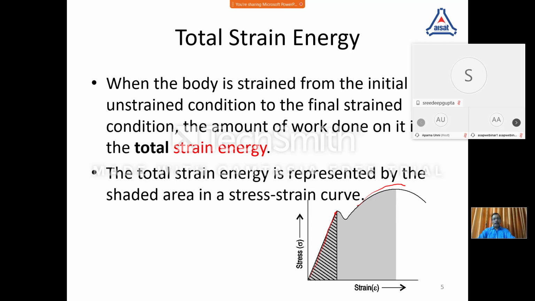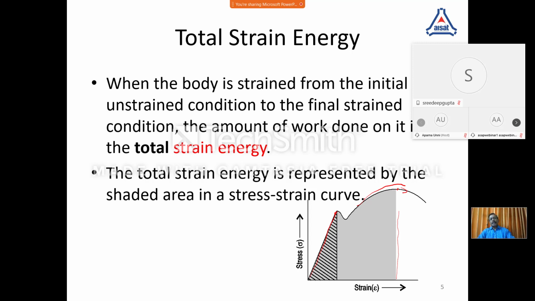After this point, the material fails, and up to this point we consider the total strain energy. Total strain energy is represented by the shaded area in the stress strain curve.